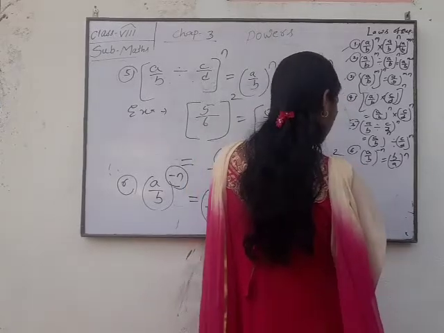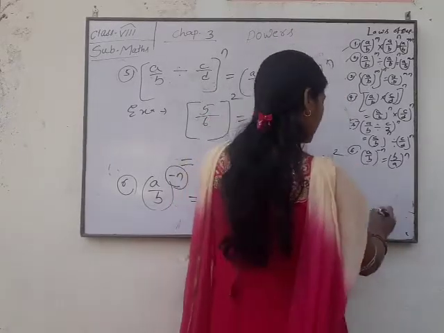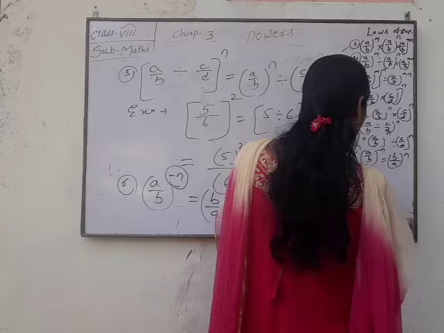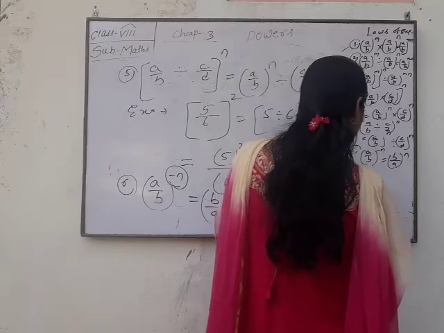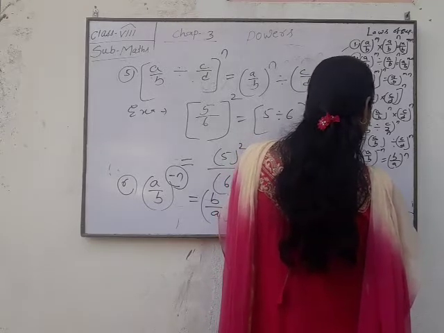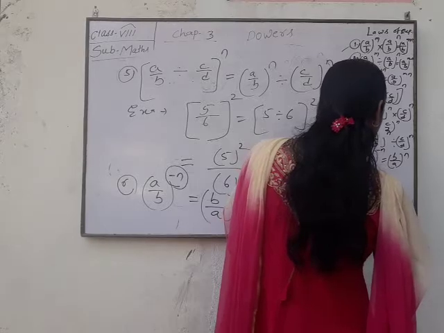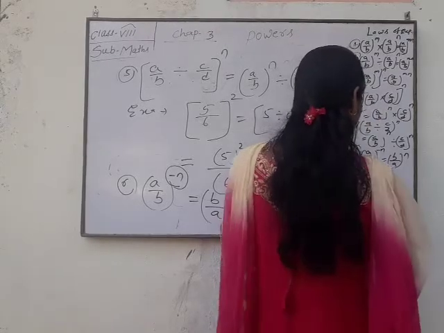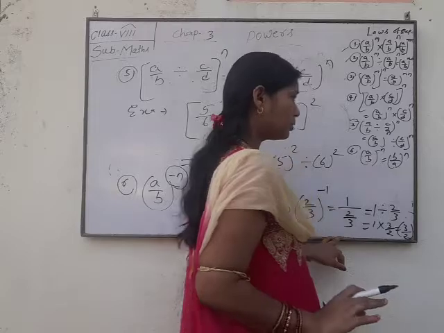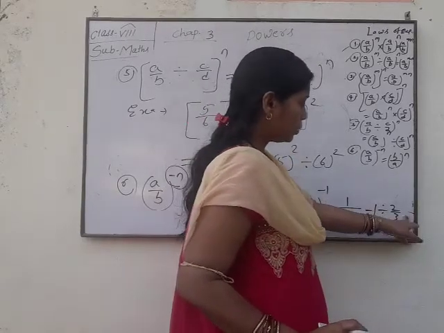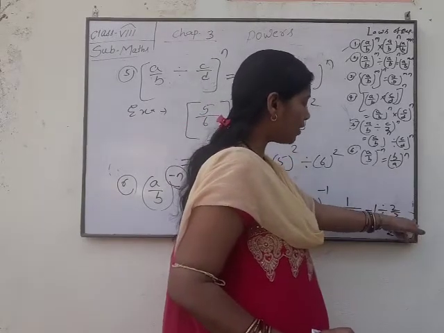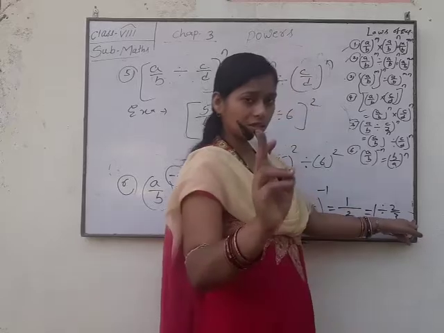It means 1 multiplied by 3 by 2 is equal to 3 by 2. There is no exponent, no power means your exponent is 1.